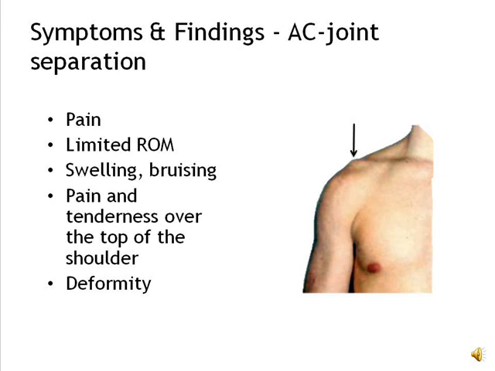There might be deformities depending on which grade the injury is. So the outer end of the collarbone may look out of place, or there might be a bump on top of the shoulder, as you see in the picture here.